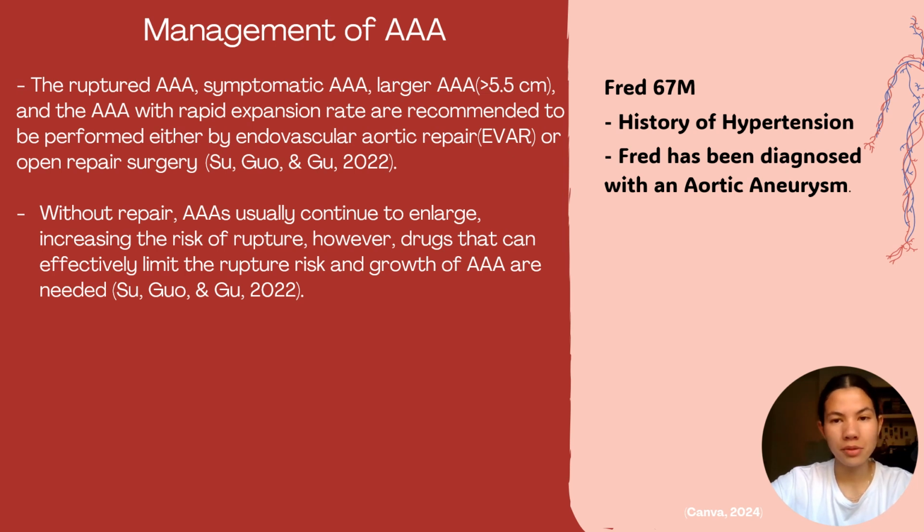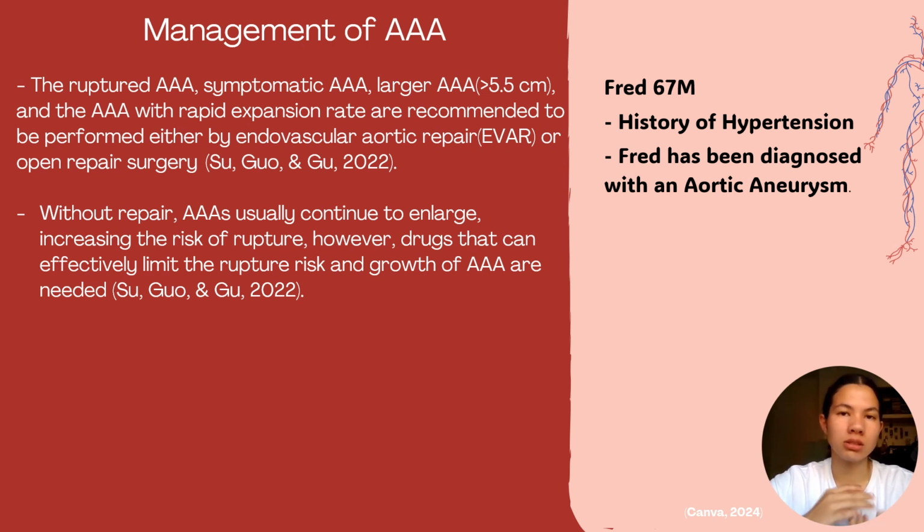So our case study, we have Fred, a 67-year-old male with a history of hypertension and a current diagnosis of an abdominal aortic aneurysm. So talking about management of AAA, whether it's ruptured, symptomatic, or larger than 5.5 with a rapid expansion, it is all recommended that they undergo either an endovascular aortic repair or an open repair surgery.